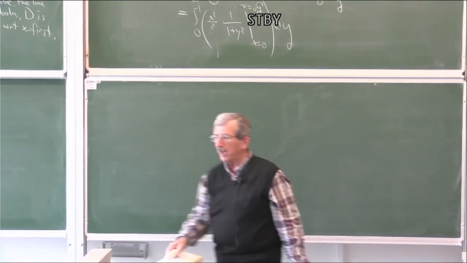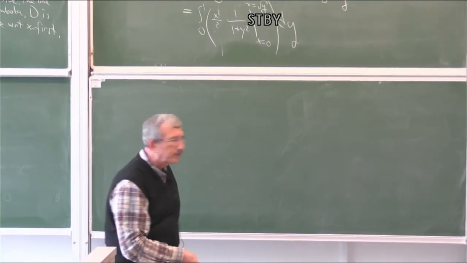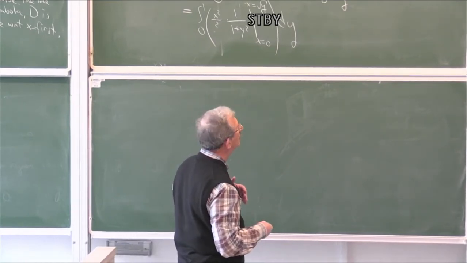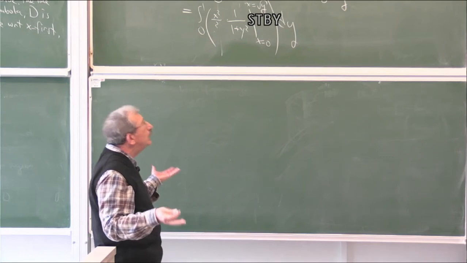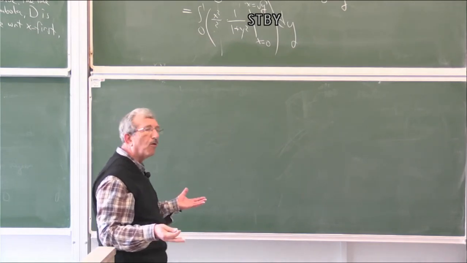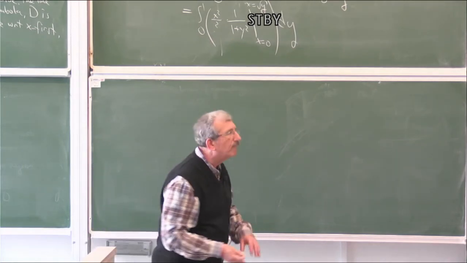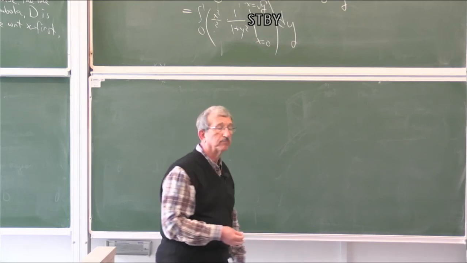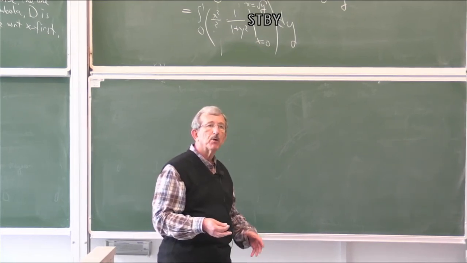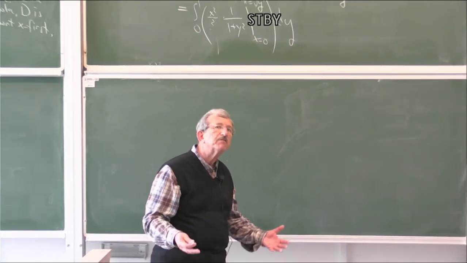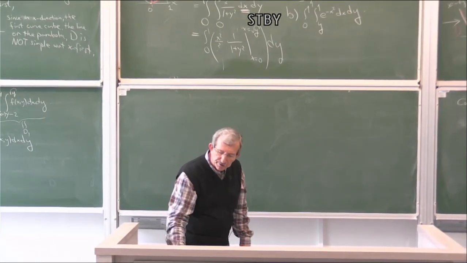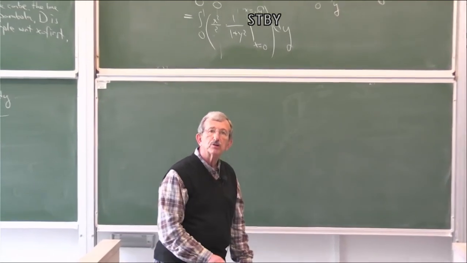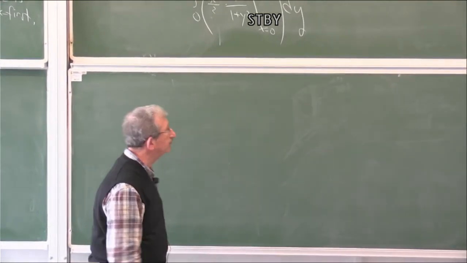Now, when we look at the integral and try to evaluate it directly, we see that we don't know any elementary form of an antiderivative for e to the minus x squared. Well, of course, it has an antiderivative, but it's not expressible in terms of elementary functions. It's one of the monsters in calculation.